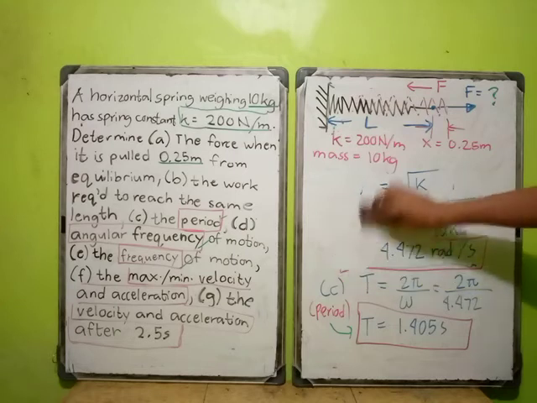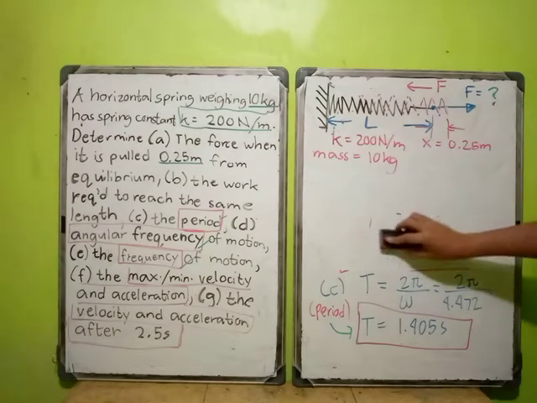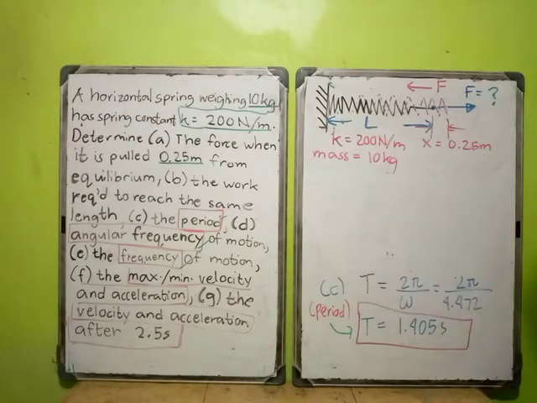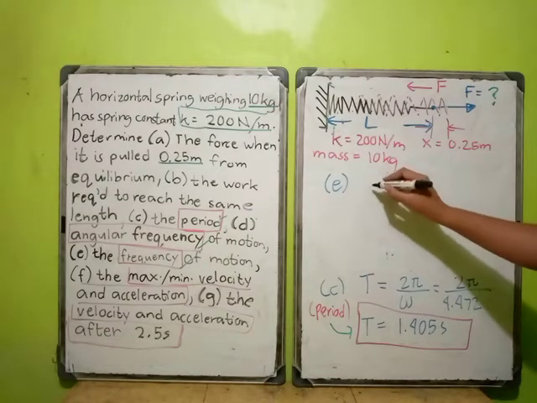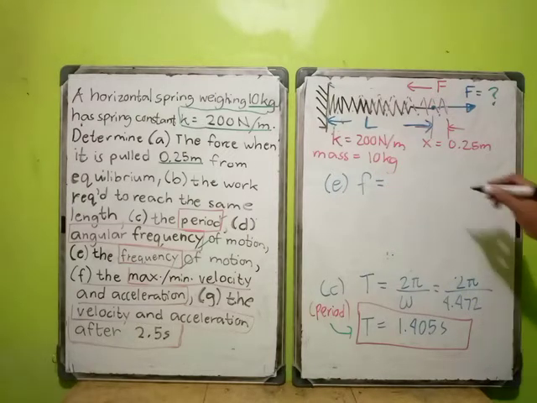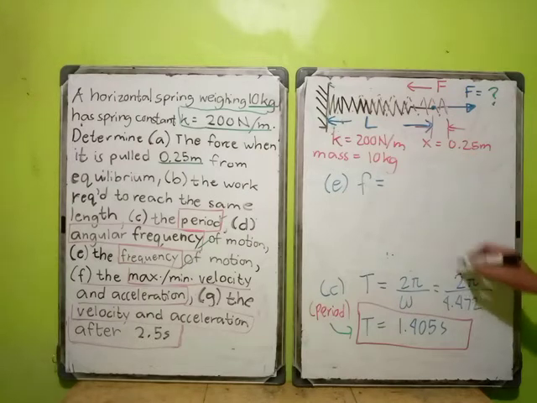Okay? So, since video ito, pwede nyong balikan kung kailangan natin sinagutan yung part ng problem na yun. Okay, so here. So, unahin natin letter E. So, yung frequency is F. Is actually, pwede siyang ganito.